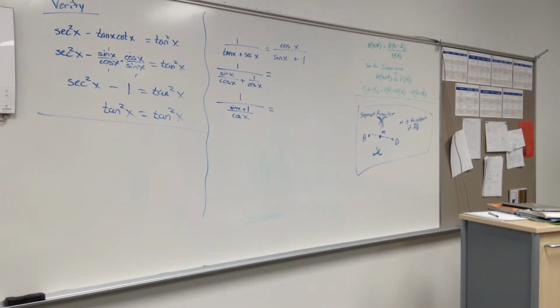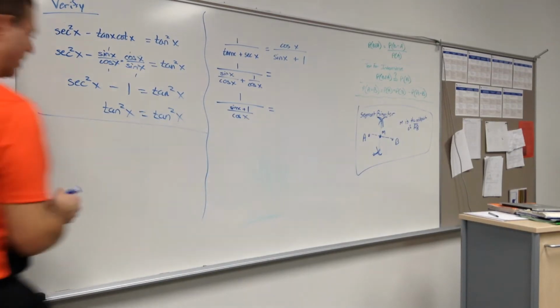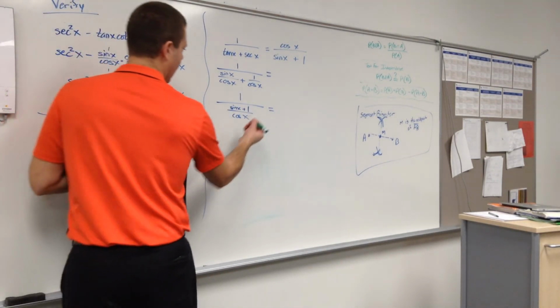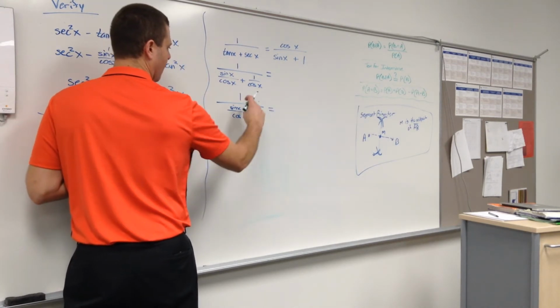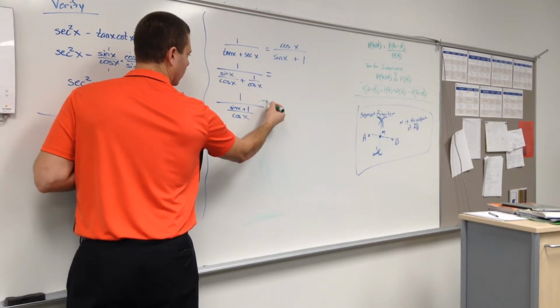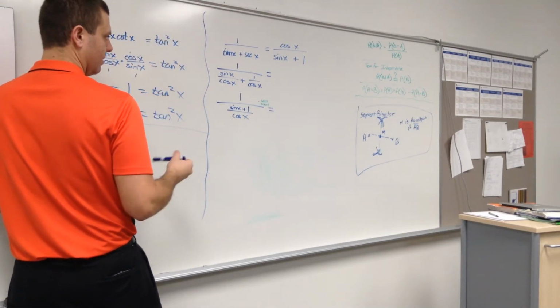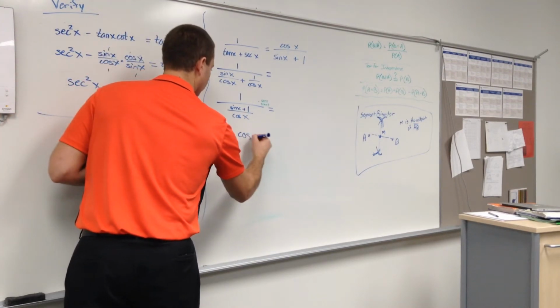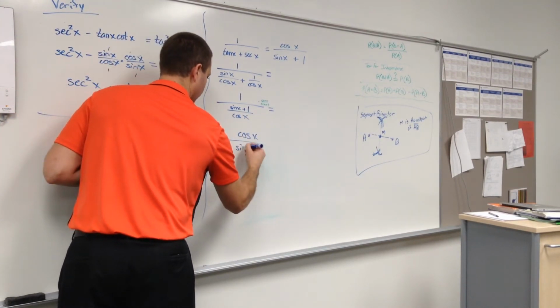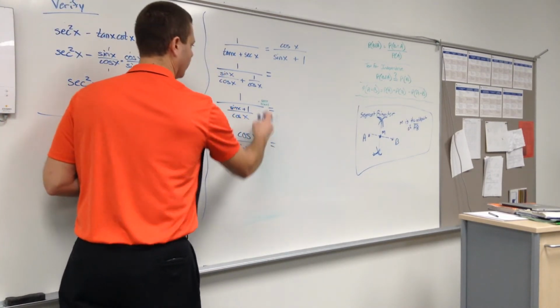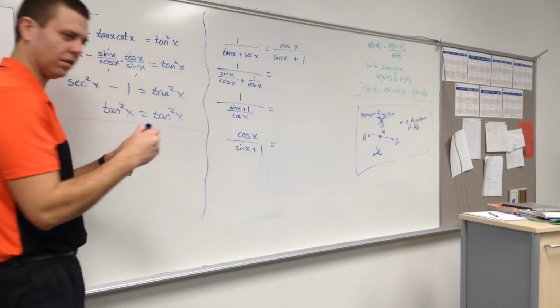When you divide by a fraction, you actually multiply by the reciprocal. So when I take 1 and I multiply that by the reciprocal, cosine x over sine x plus 1, what do you get? Cosine x over sine x plus 1, right? And wouldn't you know, isn't that what we wanted it to equal in the end?